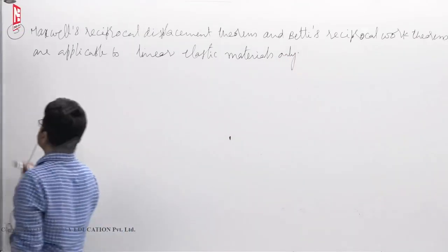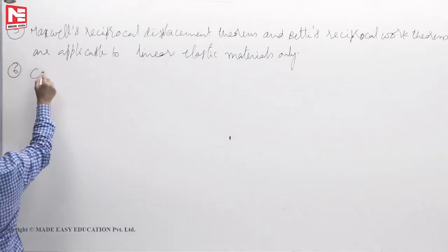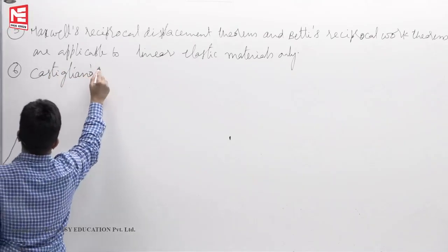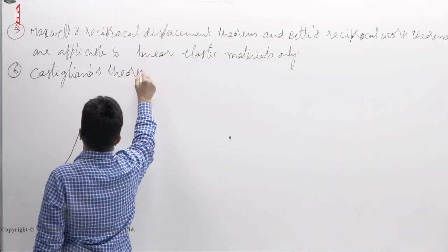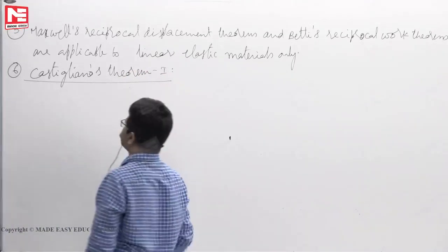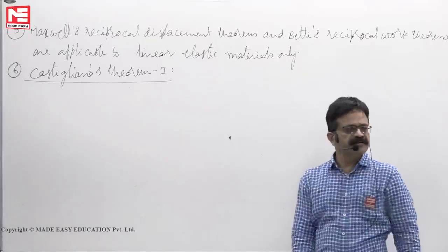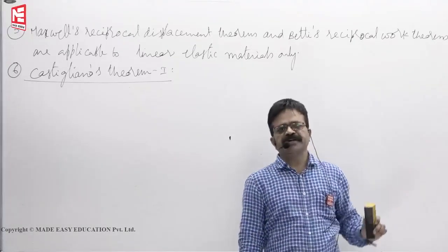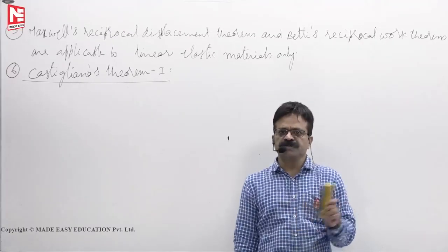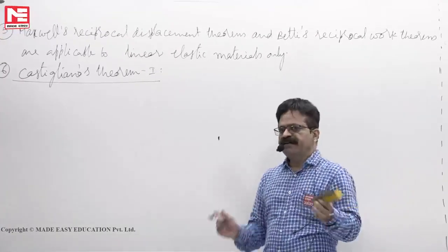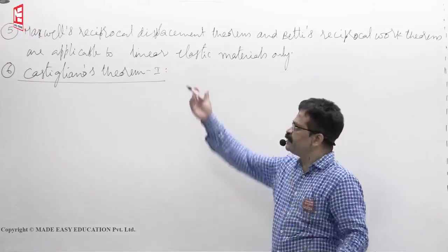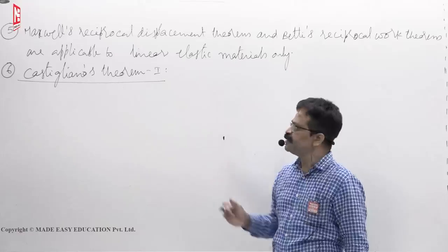Okay. Next, you will learn Castigliano's theorem 1. These theorems are based on those fundamentals only, assuming that the loads are applied gradually and the energy stored we know how to calculate, and based on how the materials behave, these people have proposed some theorems.